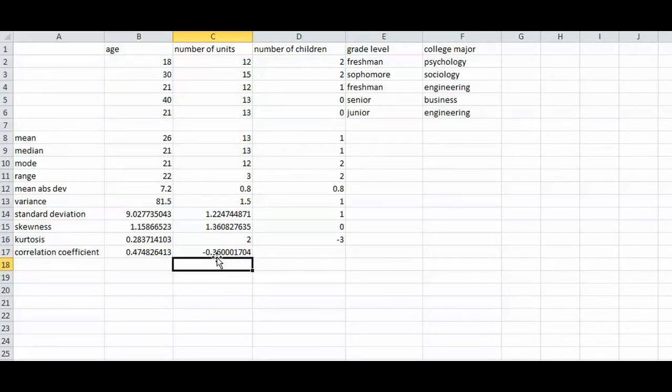We get negative 0.36, which means in this data set we have a negative correlation between these 2 variables of age and number of children. Let's make a scatter plot to see if it looks like a negative correlation.